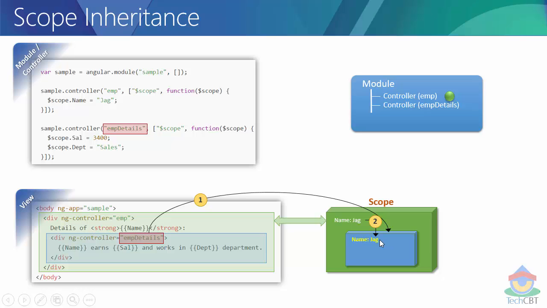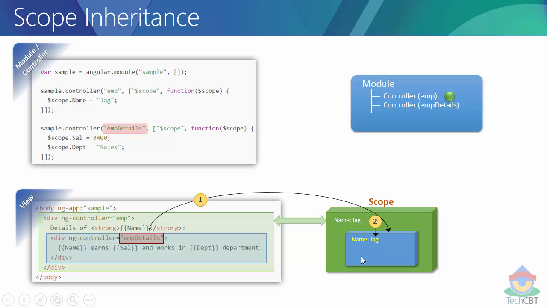The next thing is that as this is nested, all those properties which are available as part of the outer scope will become available to the inner scope as well. Those are not copied, but instead those are made available in the form of inheritance. That is what we will be calling scope inheritance.